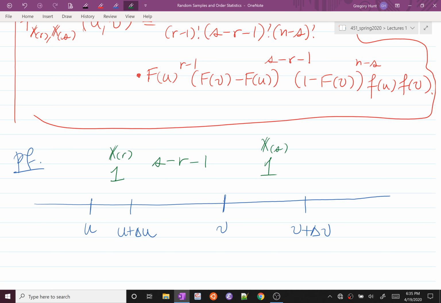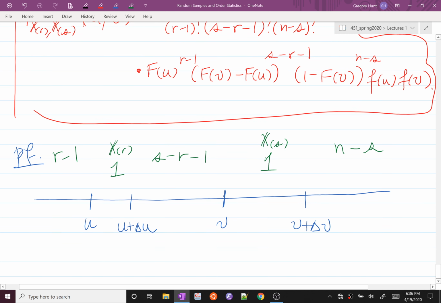And that leaves how many things left over? Well, how many things will be bigger than x sub s? There will be n minus s of those. And how many things will be smaller than x sub r? There will be r minus 1 smaller. So those two are easy. The middle one you just have to think has to add all together: r minus 1 plus s minus r minus 1 plus n minus s should add up to n minus 1... all that should add up to the total.